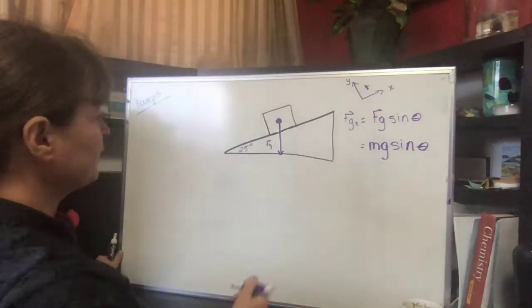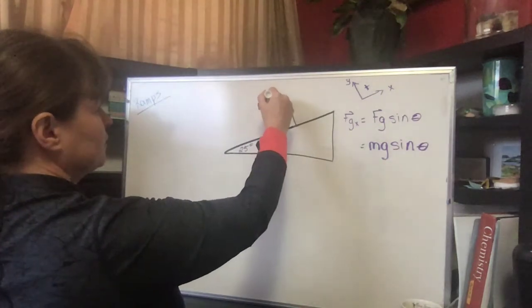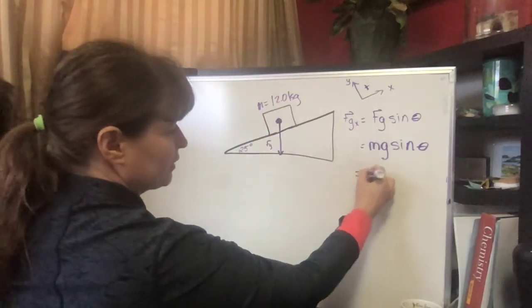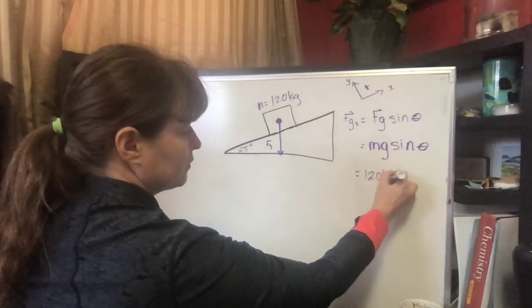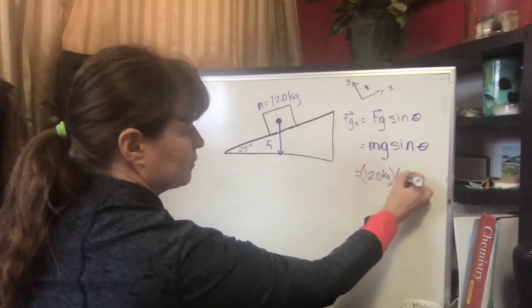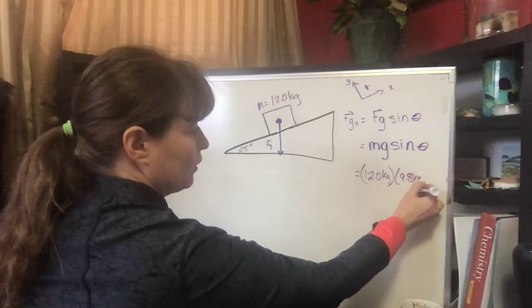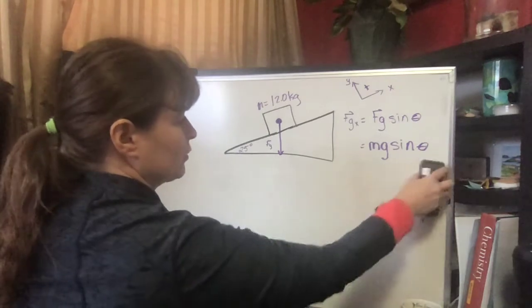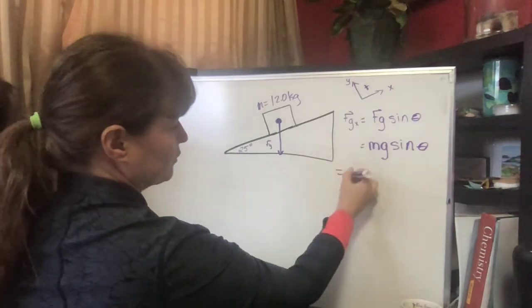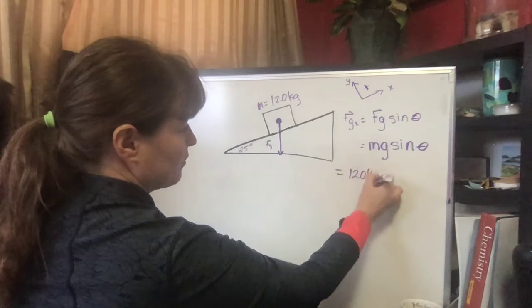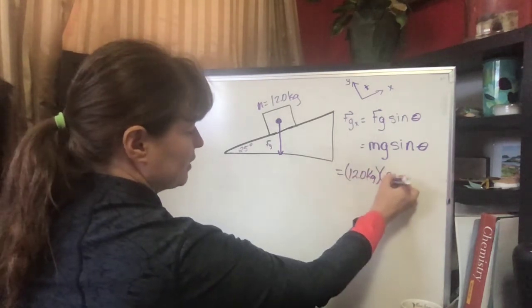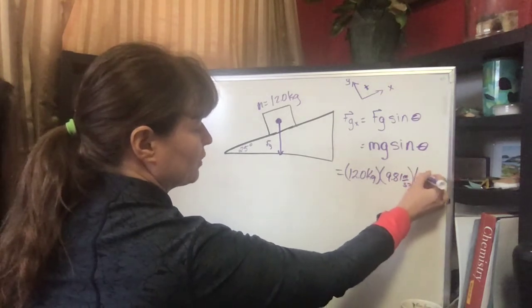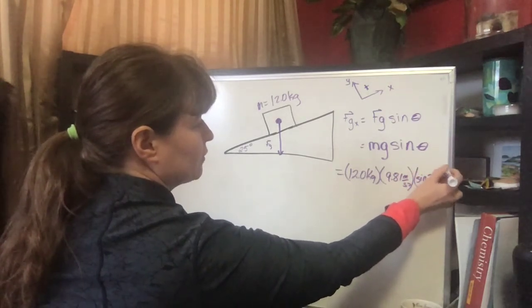Okay, so if we give our object a mass, let's say 12 kilograms, then we can plug that in with our angle. Let's move it over. 12 kilogram mass times 9.81 meters per second squared times sine of our angle 25 degrees, like that.